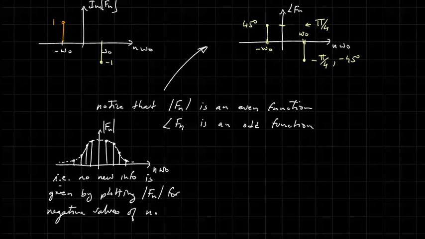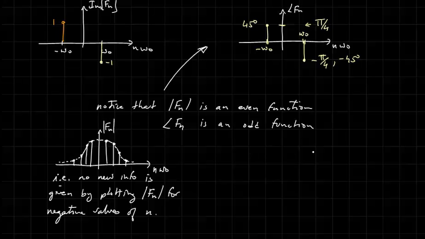So we can just look at positive values, knowing that it's reflected over for the negative values of n as well. You typically won't see a magnitude plot showing the magnitude spectrum of a signal looking at both positive and negative frequencies because they're symmetric.